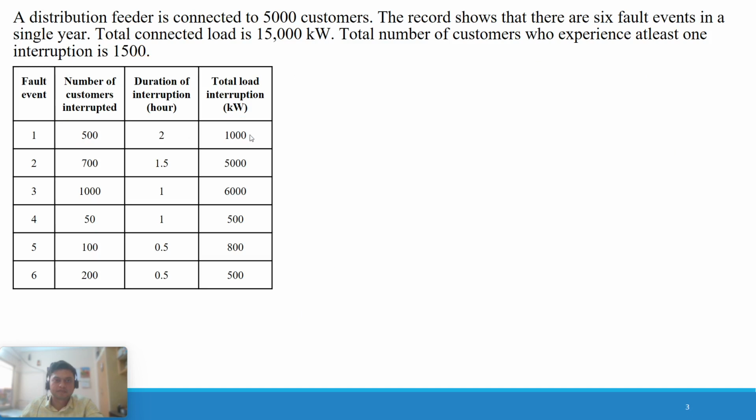So now the next terminology is the summation of customer interruption durations, that is sigma RiNi.